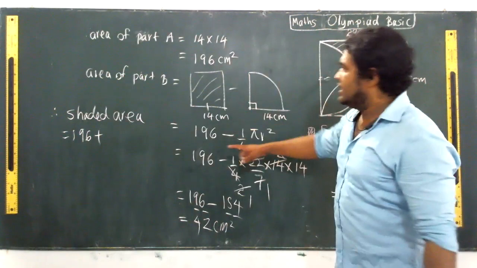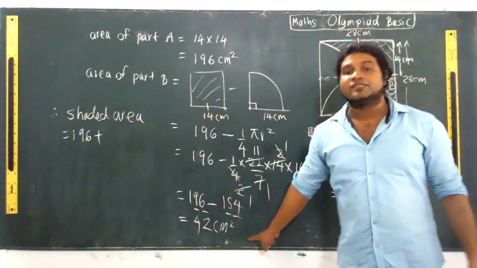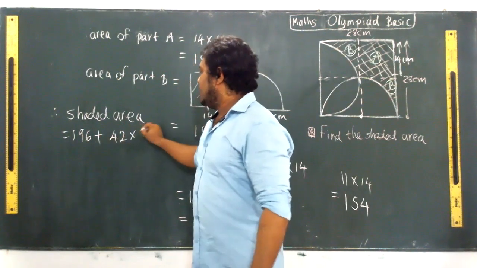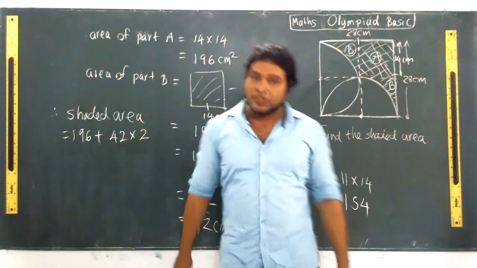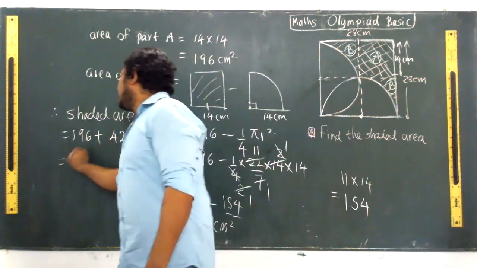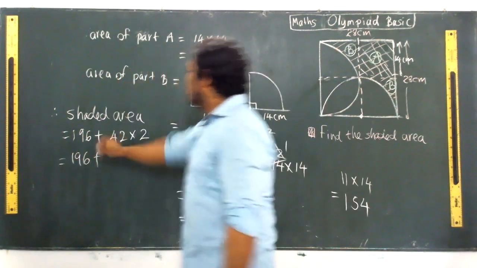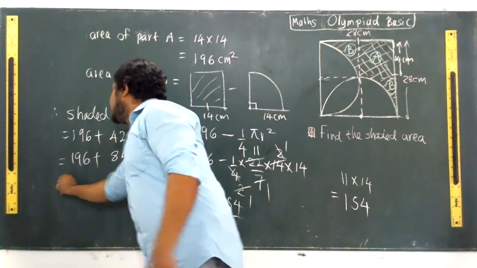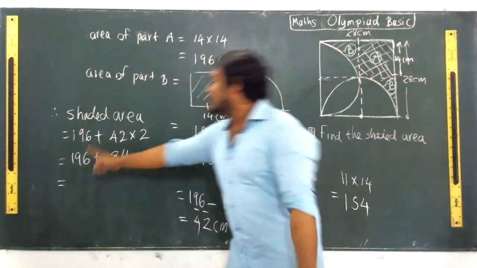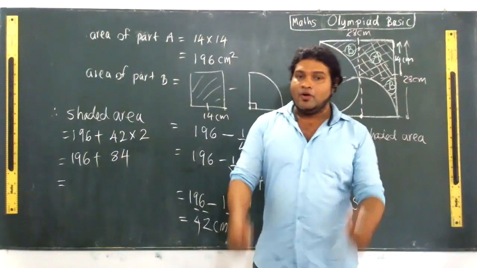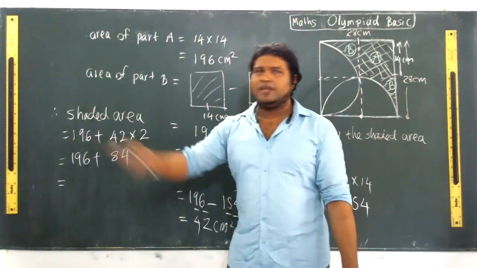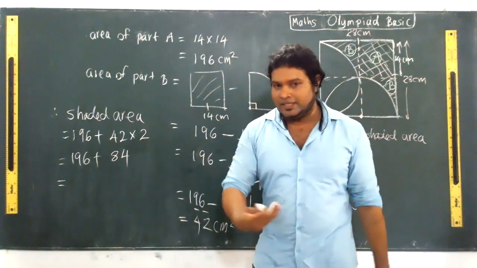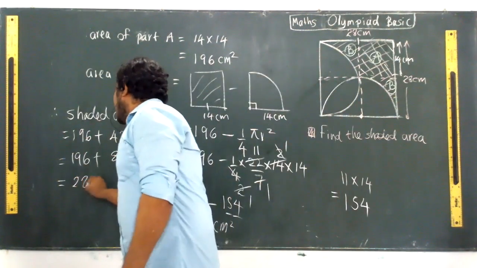The area of part B we previously got as 42, but there are two such 42s. Therefore, I multiply this number by 2: 42 times 2 is 84. Then what is your answer? 196 and 84: just add 4 to 196, it becomes 200, and add 80 more. Then 280 square centimeters.